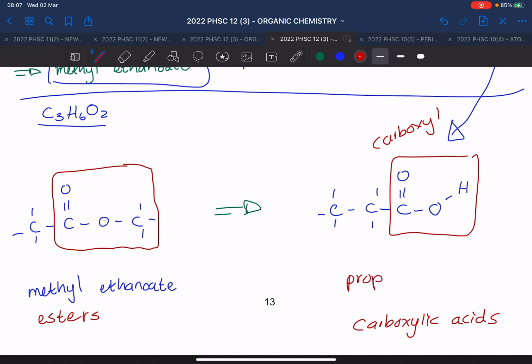Propan because it is 3 carbons. And then propanoic acid, that is the suffix for a carboxylic acid. Propanoic acid.